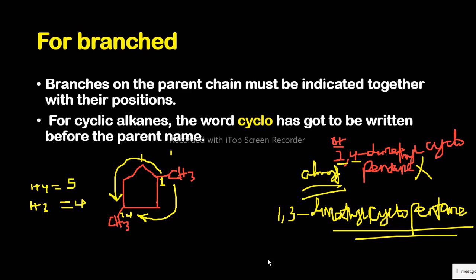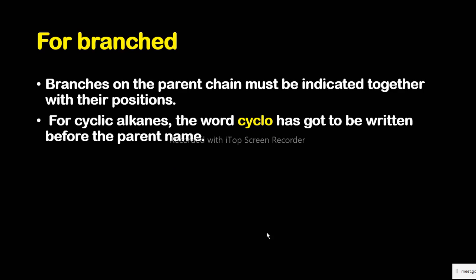Maybe we can name this one also. Let me first erase this. Let me use red. We can name this one. Let me not take things to be that simple.